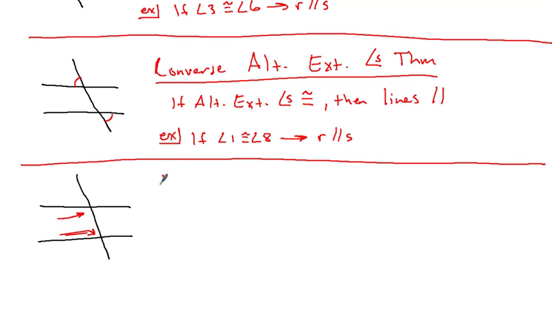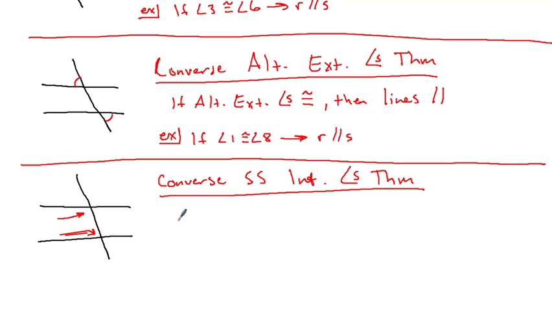All right, so this is going to be the converse of the same side interior angles theorem. And it says if same side interior angles are, now remember, these aren't congruent, these are supplementary, then the lines are parallel.